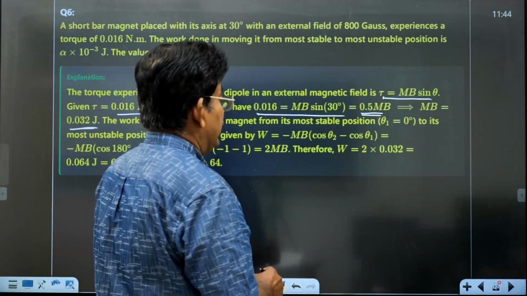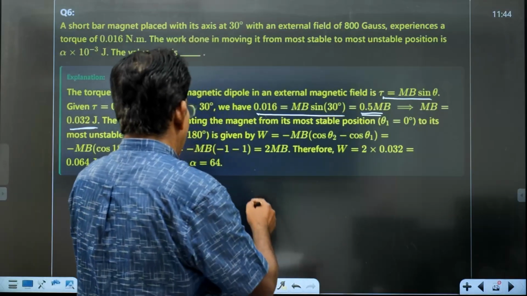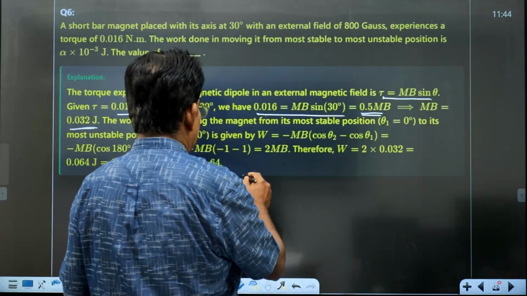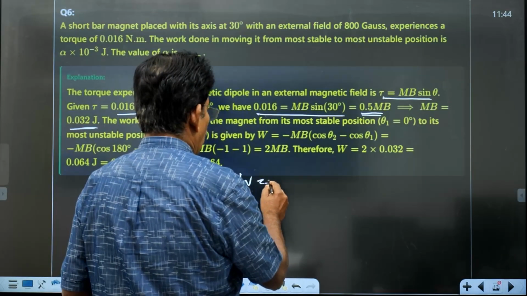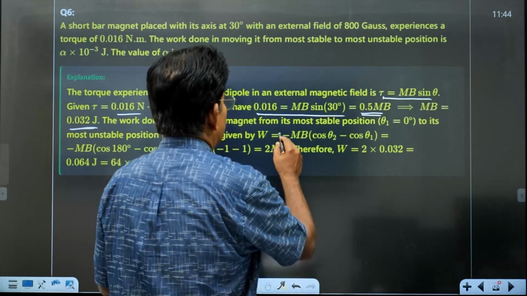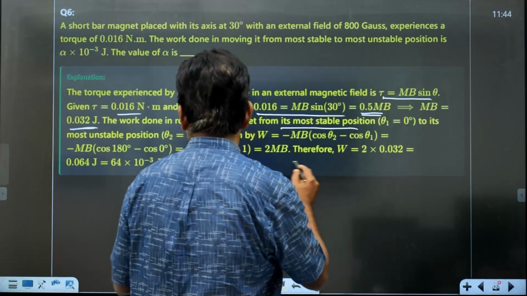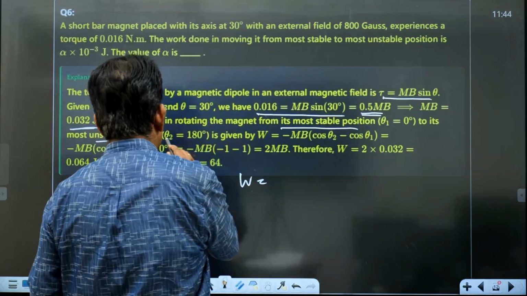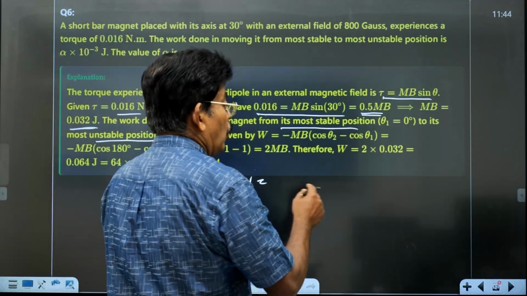Now work done in this, there is a ready-made formula. Work done in rotating a dipole from the most stable position, that is the equilibrium position, to the most unstable state, it is 180 degree.